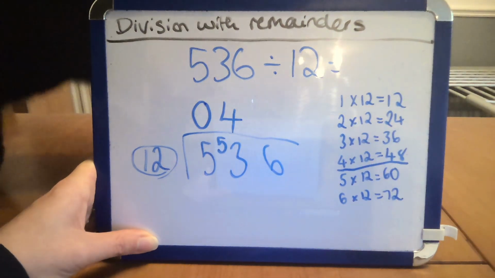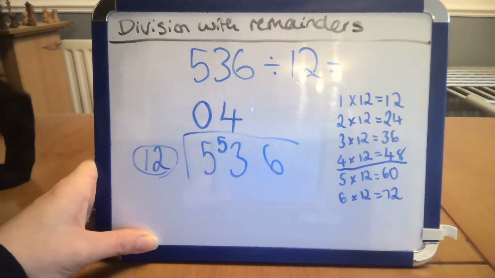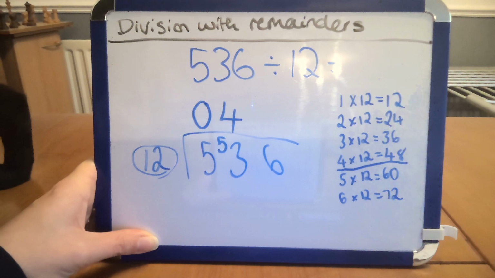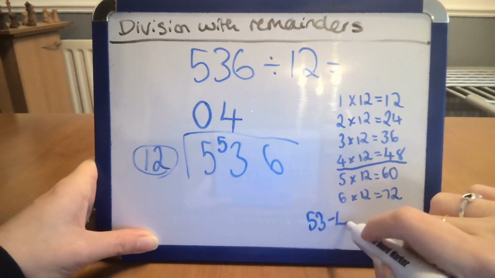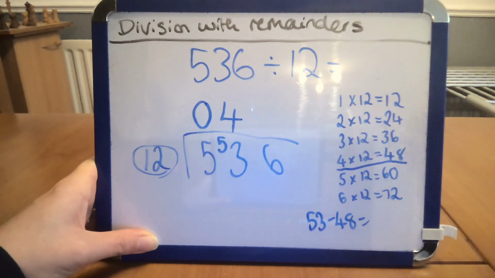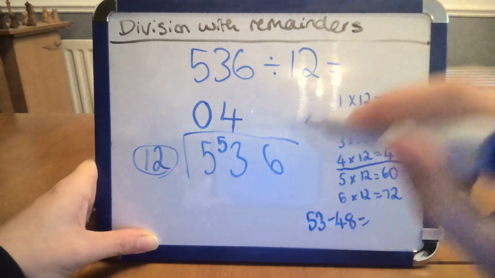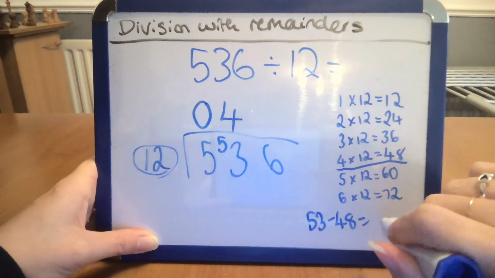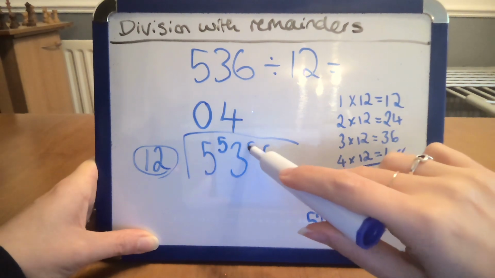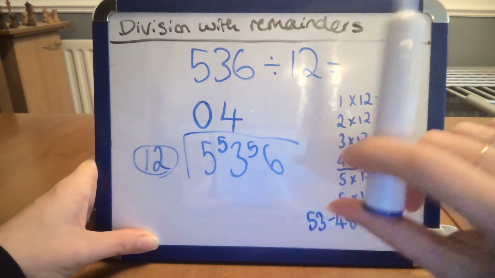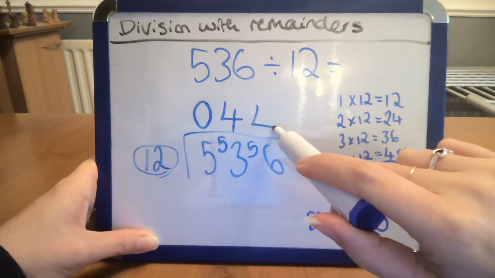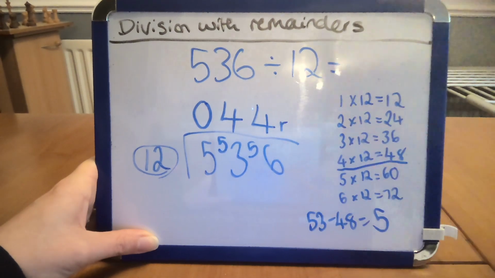So what is 53 take away 48? There are 5 left over. So how many times does 12 go into 56? It's the same. 4.